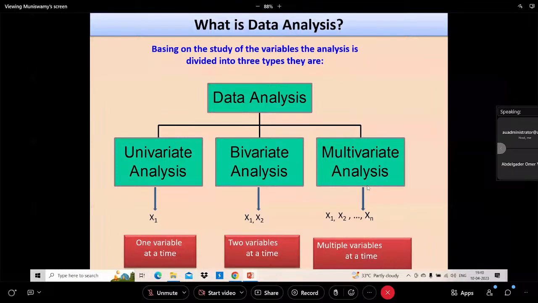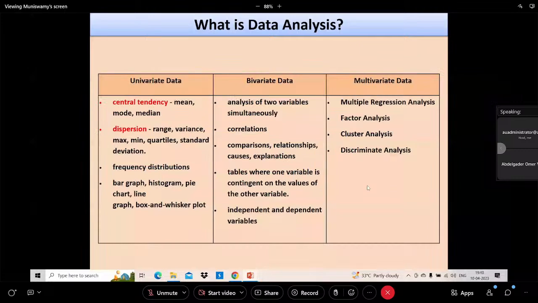So the analysis is of three types. Now you see the statistical applications for univariate, for bivariate, and for multivariate. I have given only limited applications due to space restriction. These are some statistical applications.